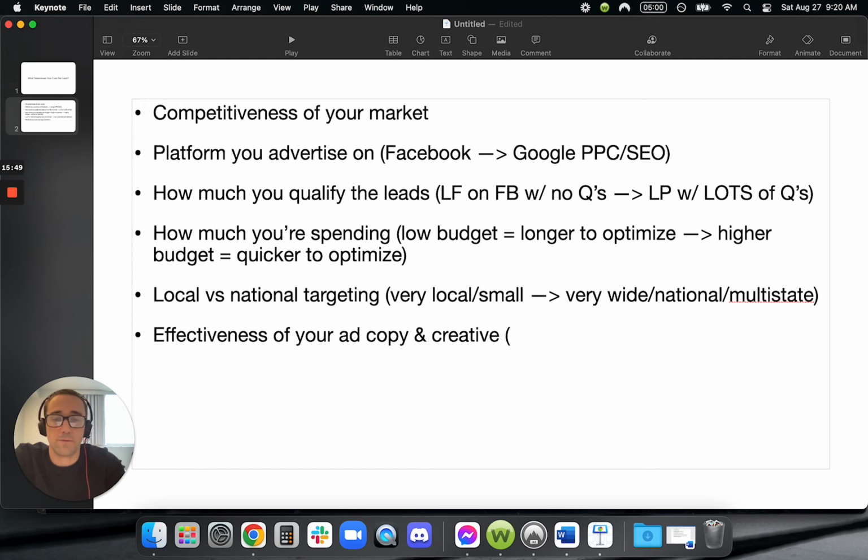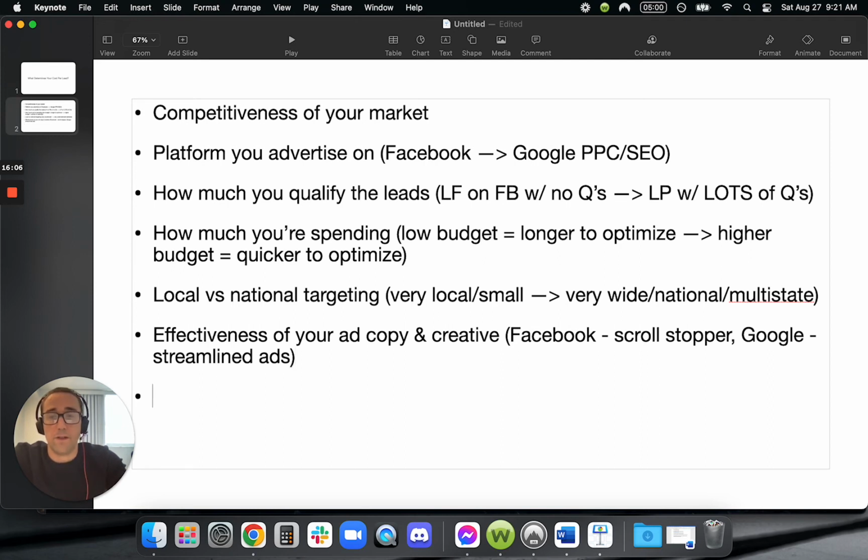So for example, on Facebook, you'd want a good scroll stopper, and on Google, you'd want very streamlined ads. And then, like I just said, the offer and speaking to their pain points.